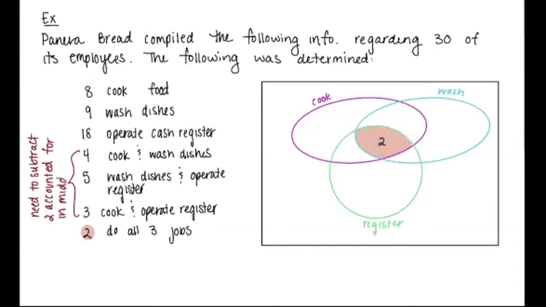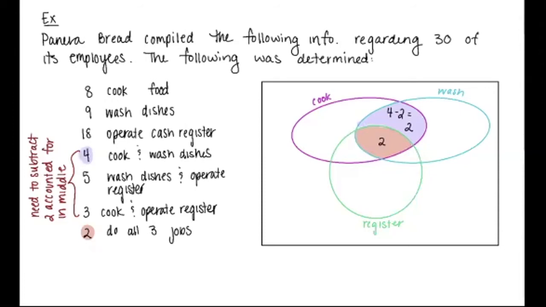Okay. So in this first region, there's 4 people that cook and wash dishes. So from 4, we need to take away 2 in the middle. There are 2 people that solely cook and wash dishes, but not do the register.